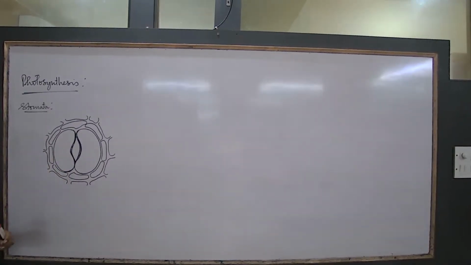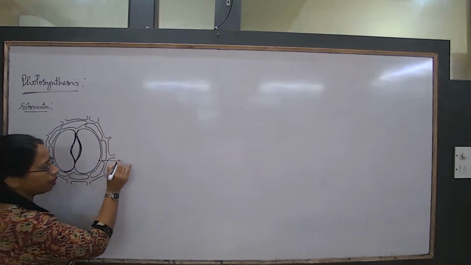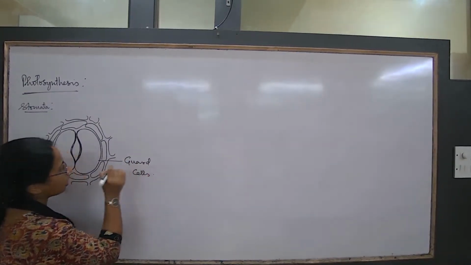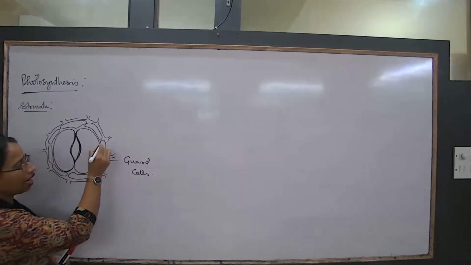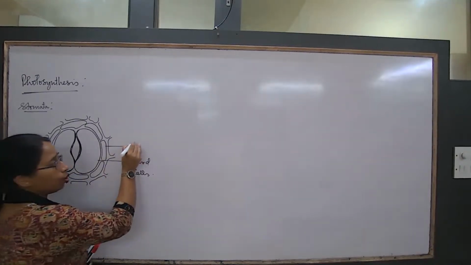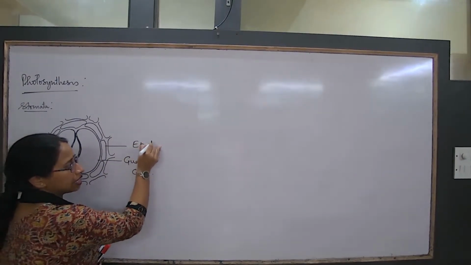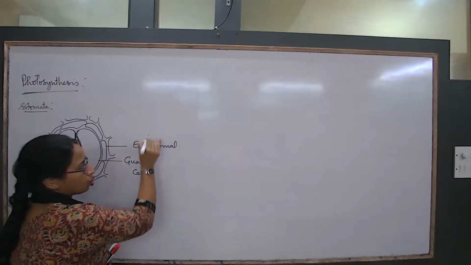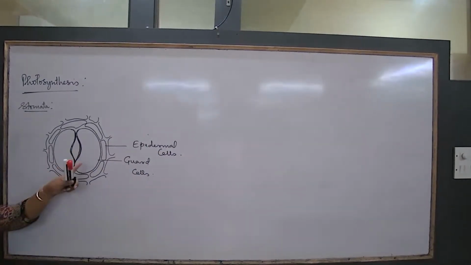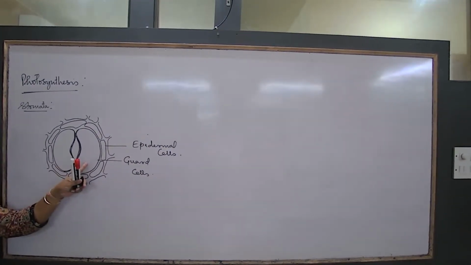What are these bean-shaped cells known as? These bean-shaped cells are known as the guard cells. Surrounding the guard cells, the most important type of cells are known as the epidermal cells. So mostly a comparison of these two type of cells we are talking about, right? The guard cells and surrounding epidermal cells.